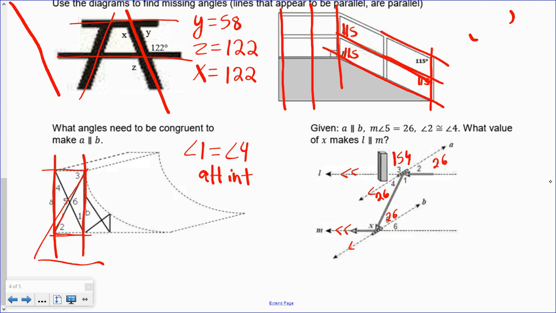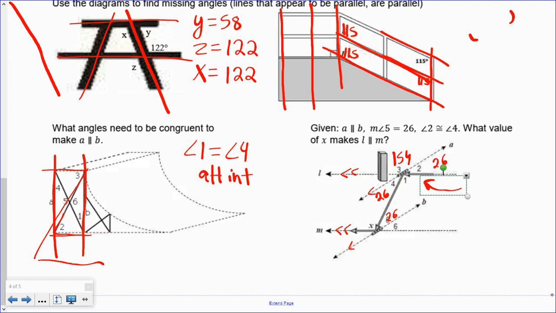Angles 2, 1, and 4 add to 180. Angle 2, 4, and 1 all working together should be a straight line. So it means angle 1 plus angle 2 plus angle 4 should all be 180.